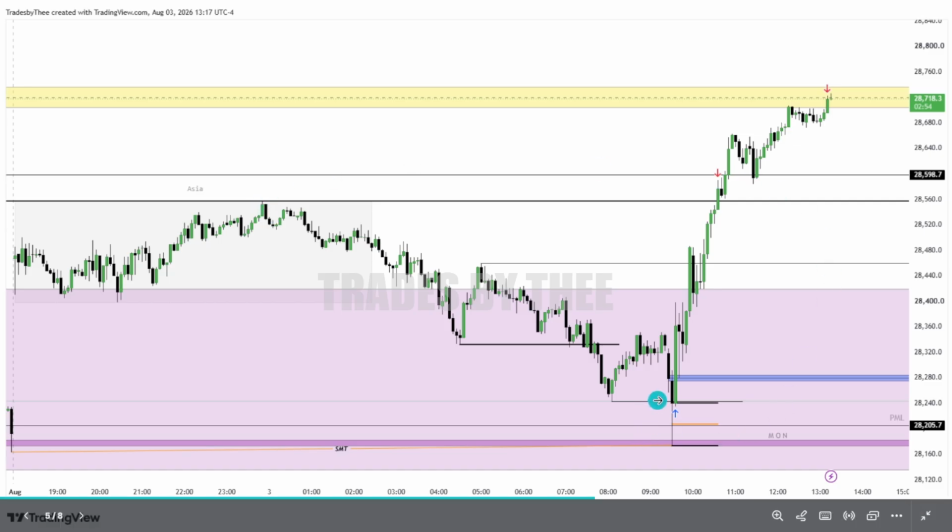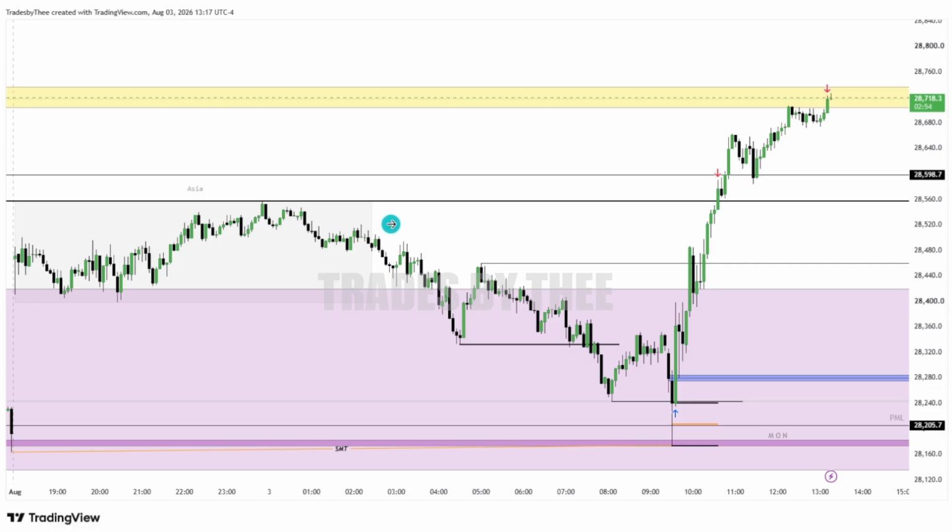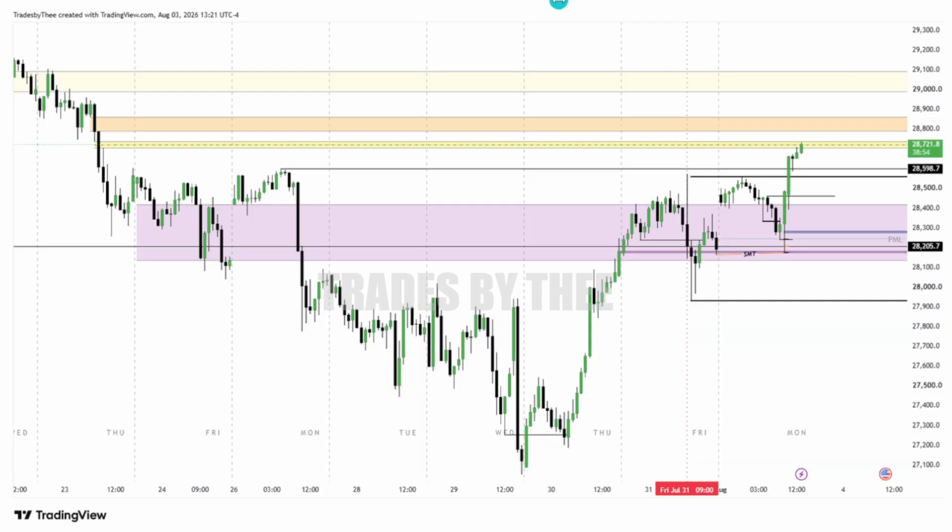You can see I entered there. I didn't take any partials because my logical liquidity target was well defined, and once it broke through it, I covered the majority of my position. And I was looking for, because as we've seen on the 1 hour chart, we had some imbalances at the top. If I could go back to the 1 hour chart, we had imbalances right here. You can see it. We had imbalances right there, which had not been mitigated.